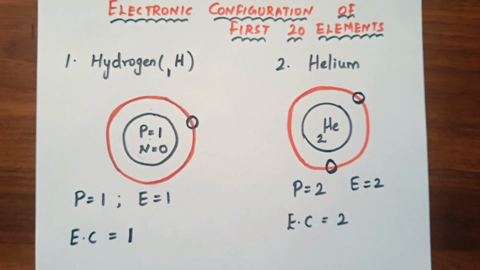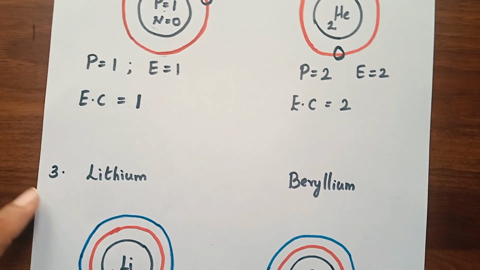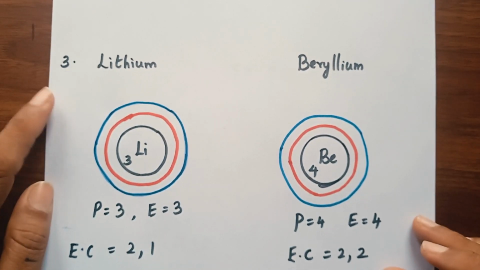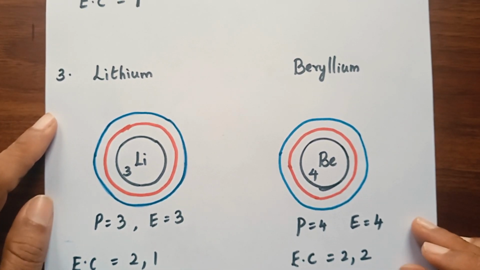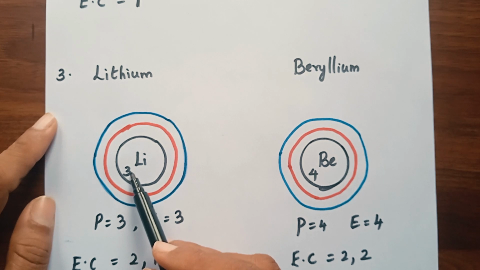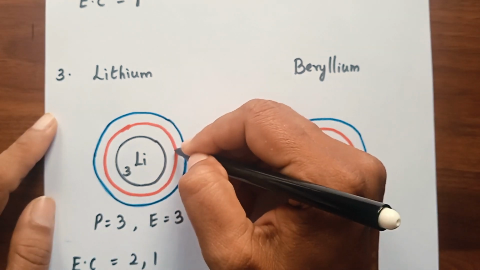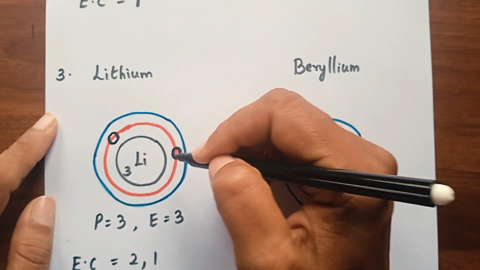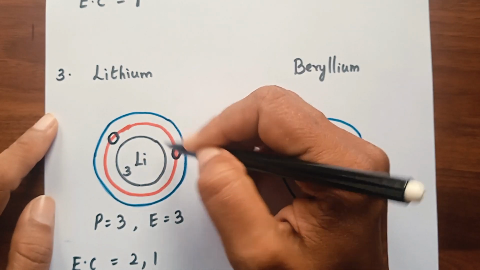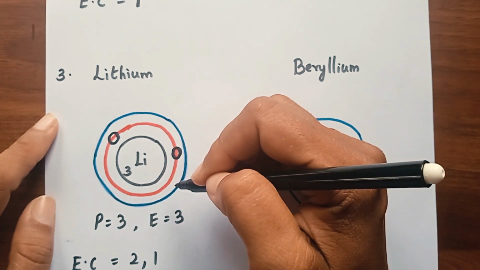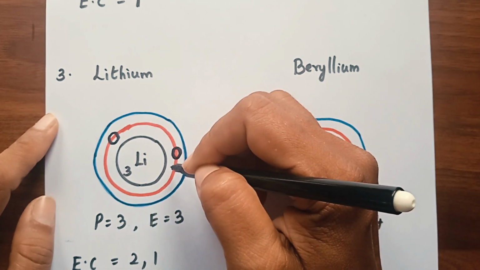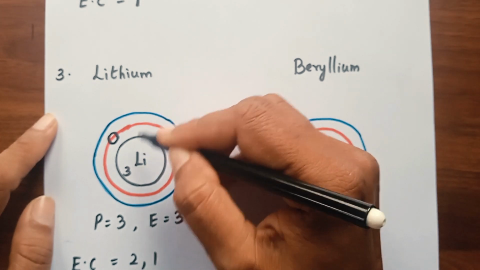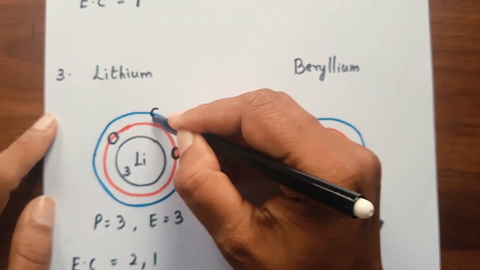Next element is lithium. Lithium's atomic number is 3, so we have to draw 3 electrons. As you all know, the maximum number of electrons which can occupy the K shell is only 2. We need to draw 3 electrons, so I am moving to the next shell, and there I am drawing 1 electron.